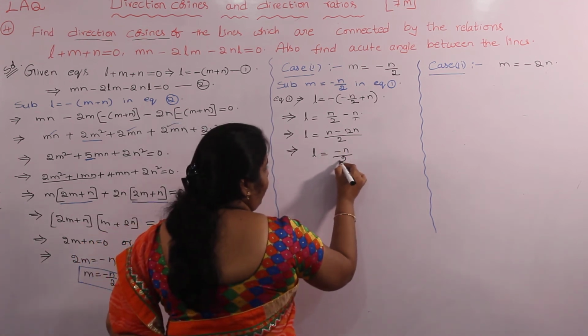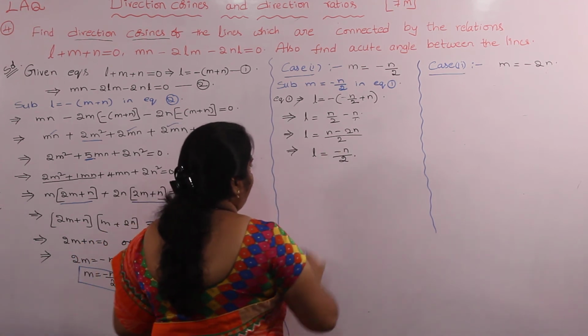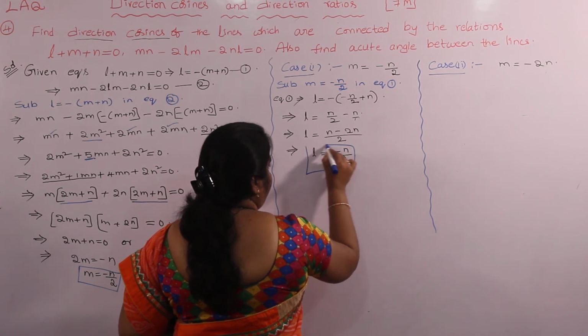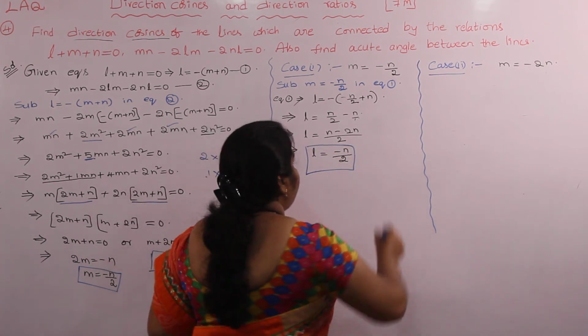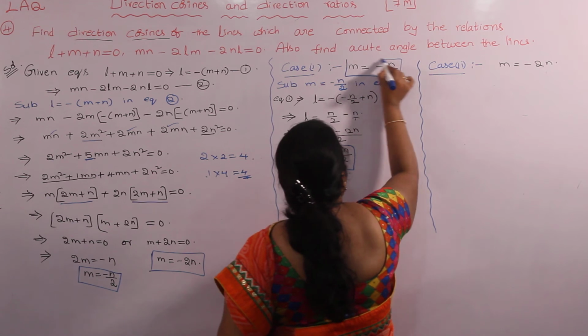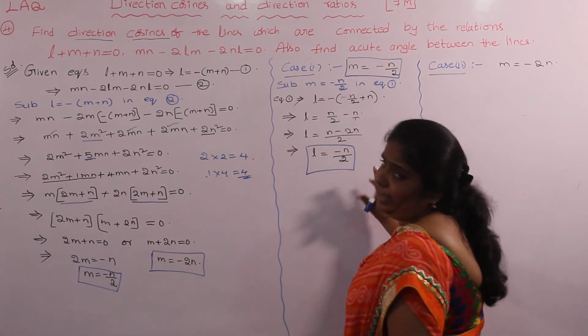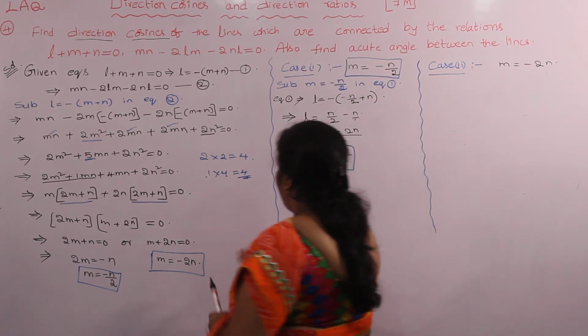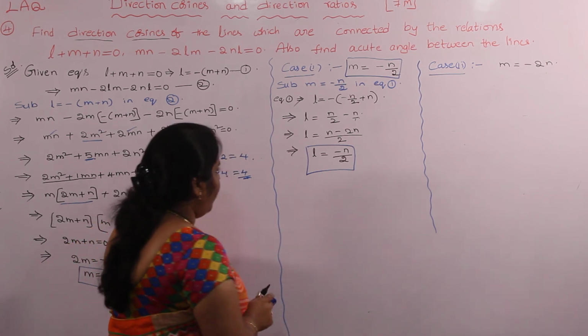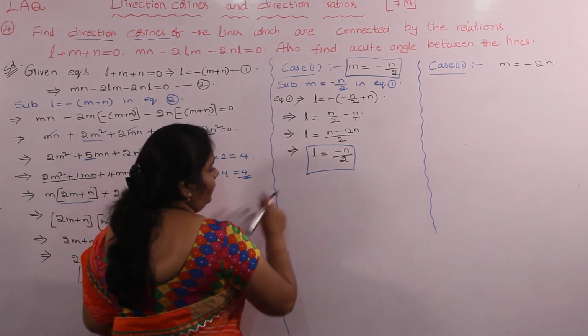So from this we get the L value also. m is in terms of n only and L is in terms of n only, and n is taken as it is.